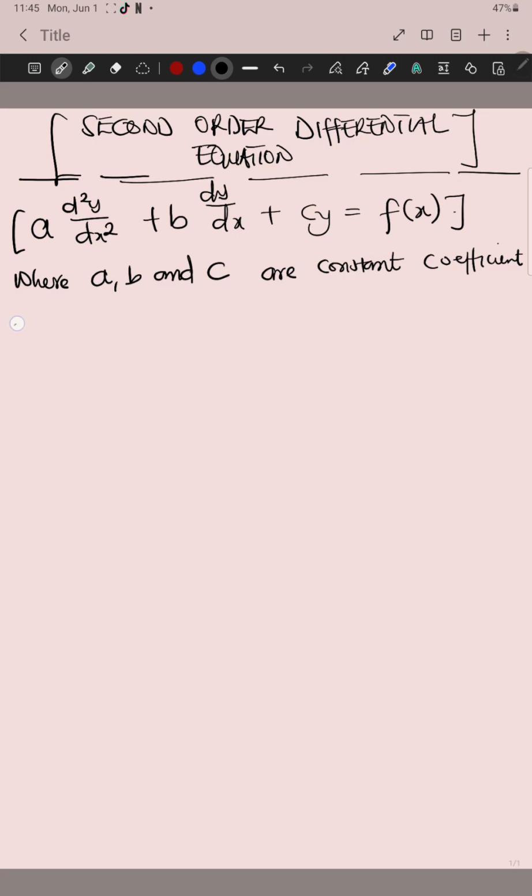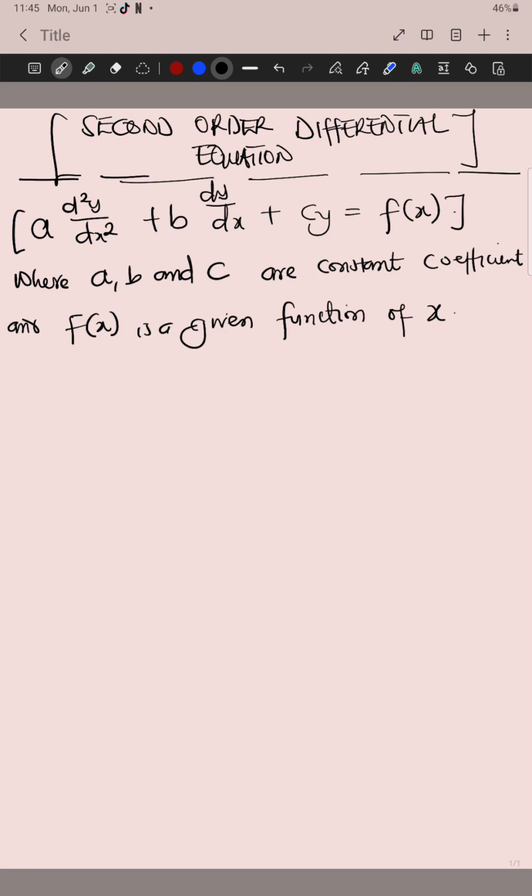And f of x is a given function of x. And so by the end of this particular topic, we would have broken everything you need to note down for easy understanding. Is that clear?